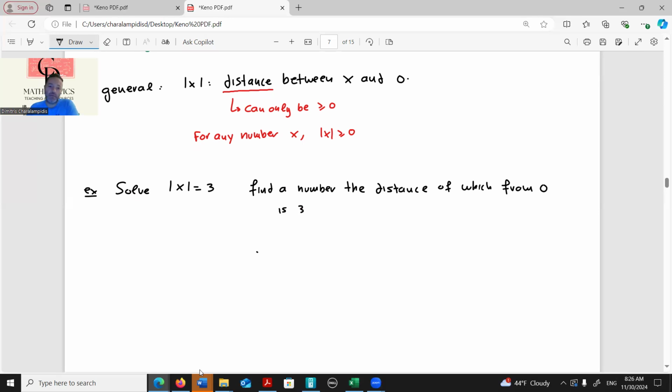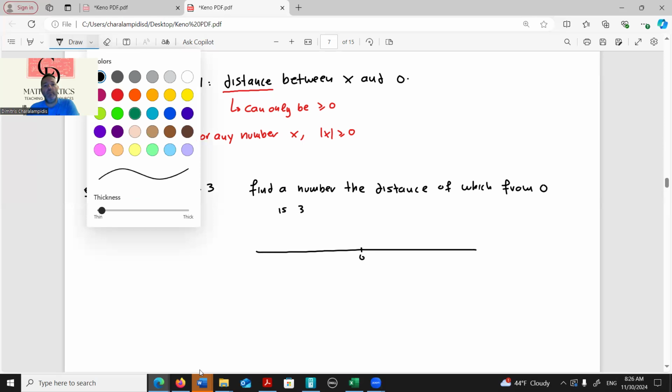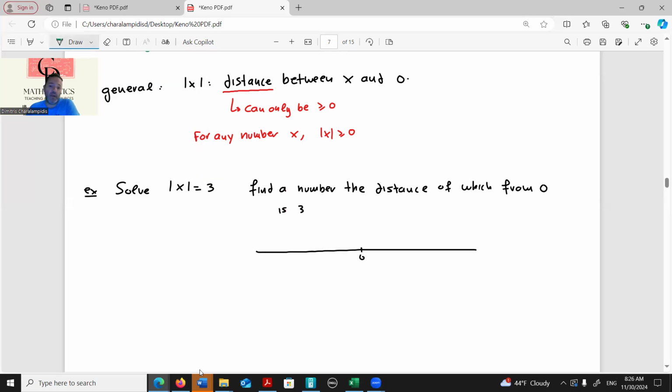If we now use a number line for that, we can easily see how many cases we have, how many numbers are there, the distance of which from 0 is 3. Well, let's start from 0 and move 3 units to the right. I would meet number 3.